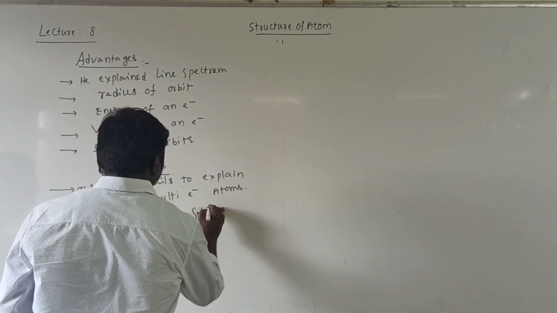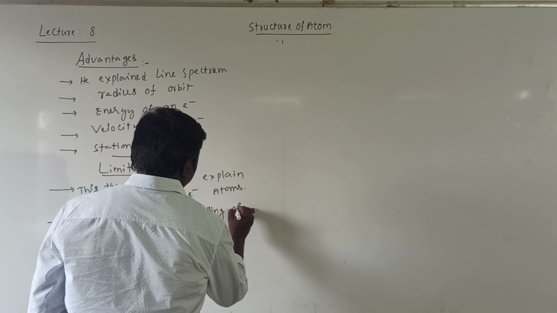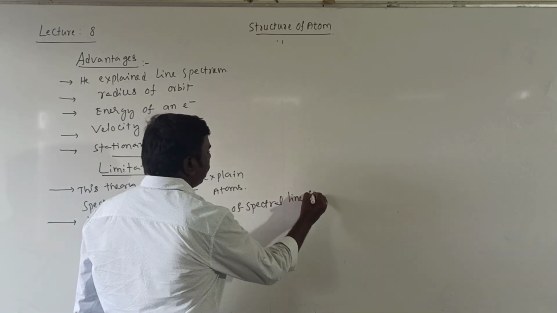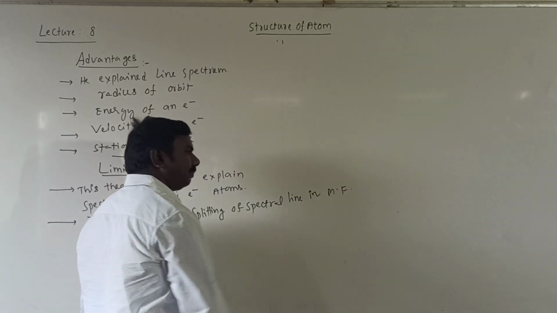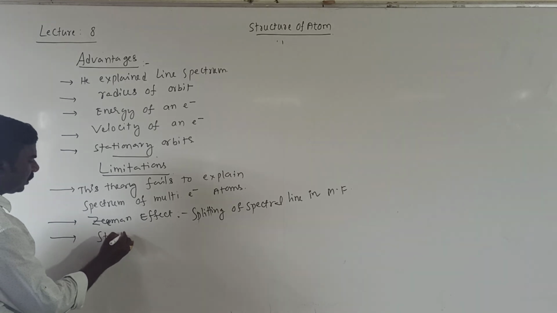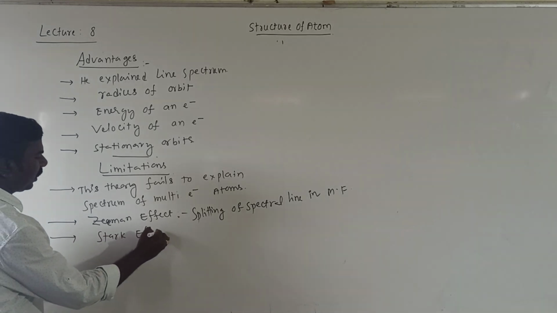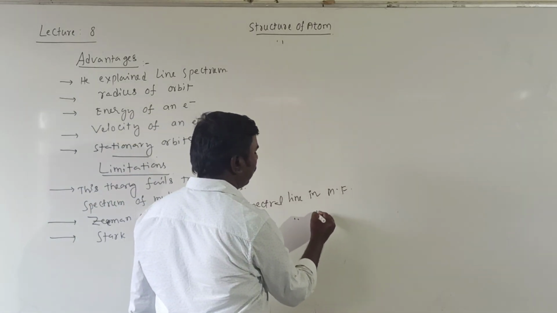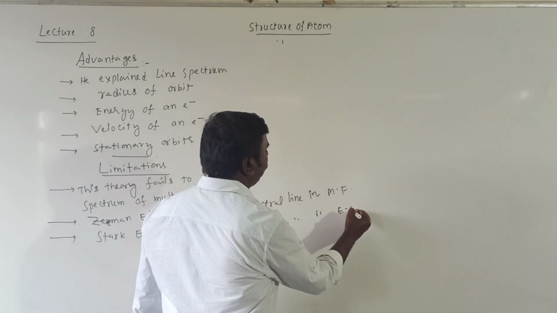Splitting of spectral lines in magnetic field. Next, he didn't explain the Stark effect. Splitting of spectral lines in electric field.